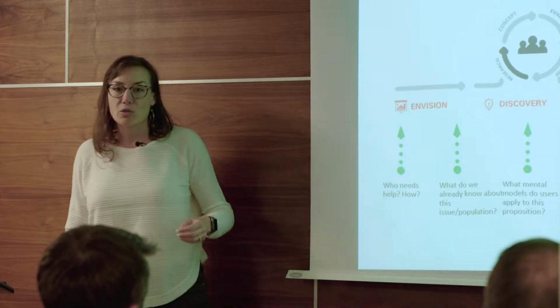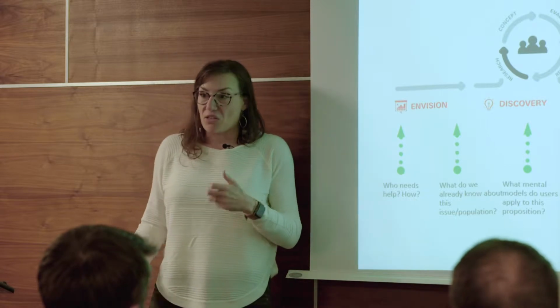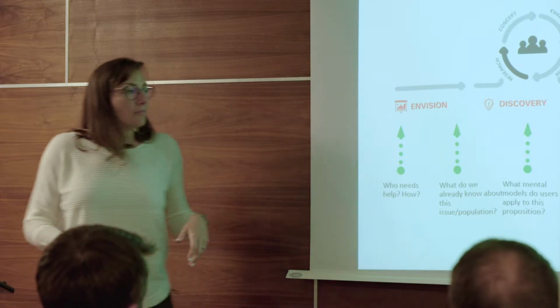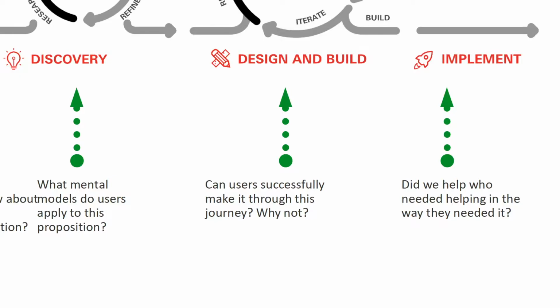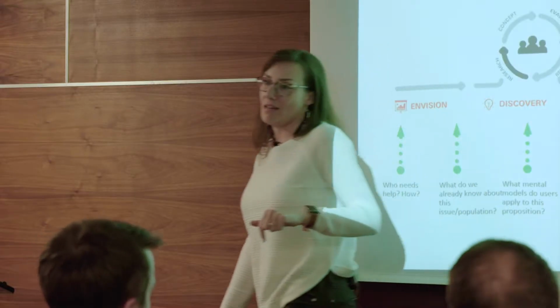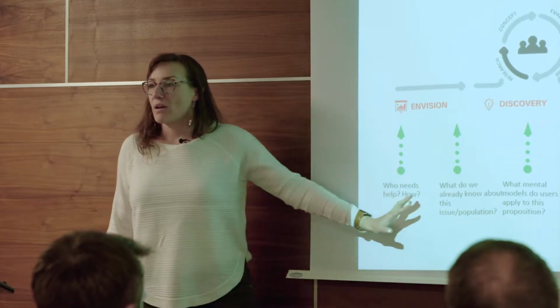You don't go through a grocery store like you go through a clothing store, right? That's just not how you navigate the world. And then we move into things like, can users successfully make it through this journey, and if not, why not? And then finally, did we help who needed helping in the way that they needed it, right? It's this kind of, we're asking the right question at the right time.